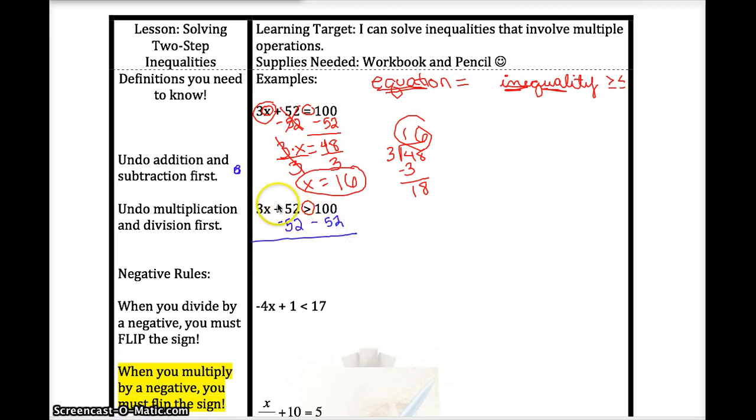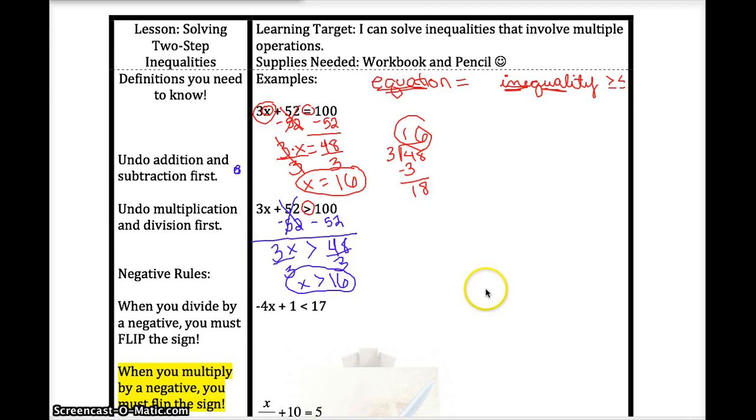And positive 52 minus 52 is 0. We don't need that anymore. 100 minus 52 is 48. Keep this sign just like it is. Bring it down. 3x is all that's left over here. Divide by 3 to both sides. And there it is. X is greater than 16. Okay, and there's my answer there.